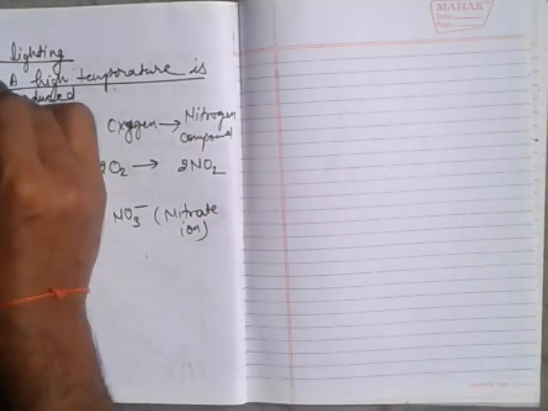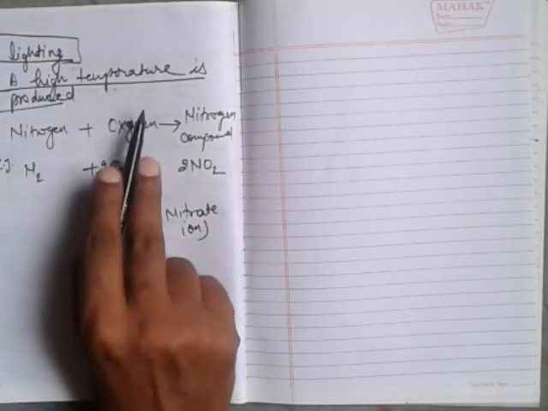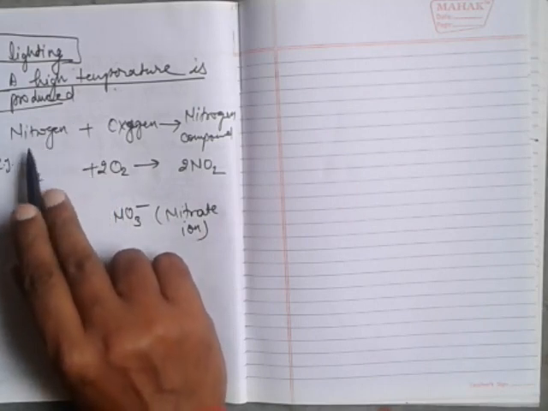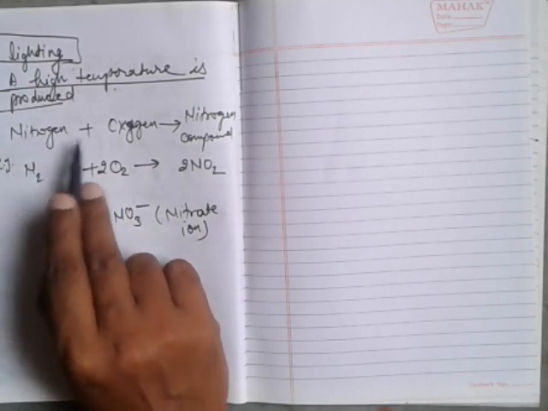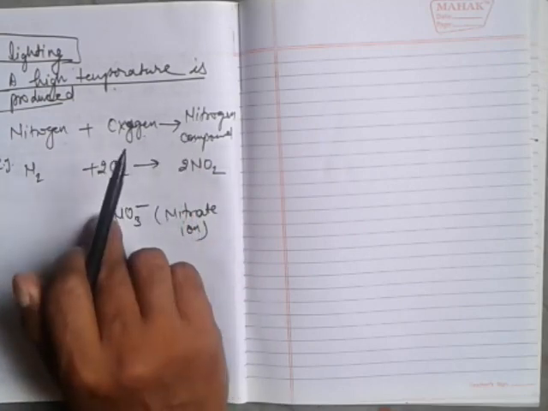So during the lightning process, a high temperature is produced, and at this high temperature, atmospheric nitrogen combines with the atmospheric oxygen, and they form nitrogen compound.